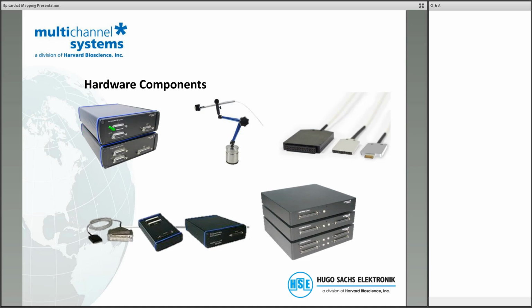You have connections here for head stages with 16 or 32 channels, and you simply plug in this connector here into this unit, and you have the filter amplifier and the AD conversion in this box. It's one USB cable from here to the computer, and you're ready to go. So this is a very small modular setup that can be a simple add-on to any kind of an existing Langendorff system.